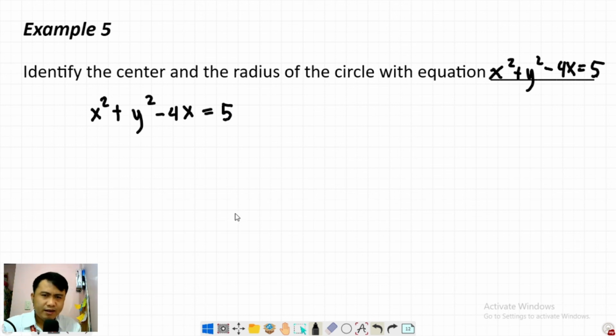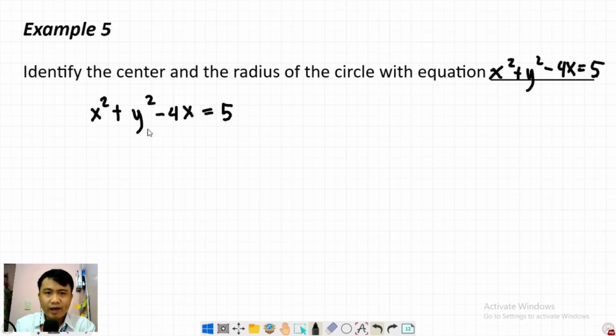Sir, paano po yan? Okay, babalikan natin yung skills natin in completing the square. Yan. So, ang unang gagawin, makinig, no? Listen and watch carefully. Lahat ng may variable na x, yung x squared at saka yung x lang, lahat sila pagtabihin.